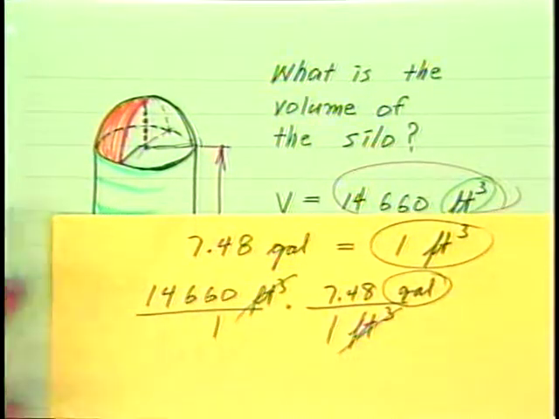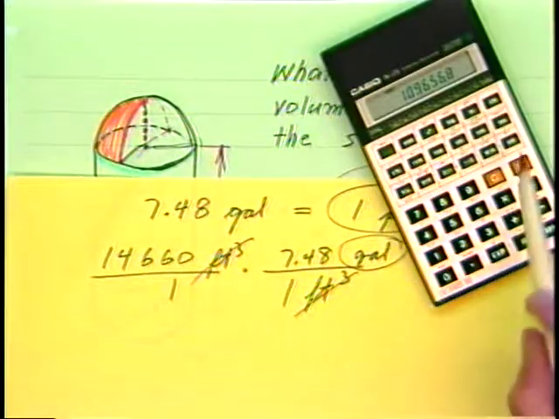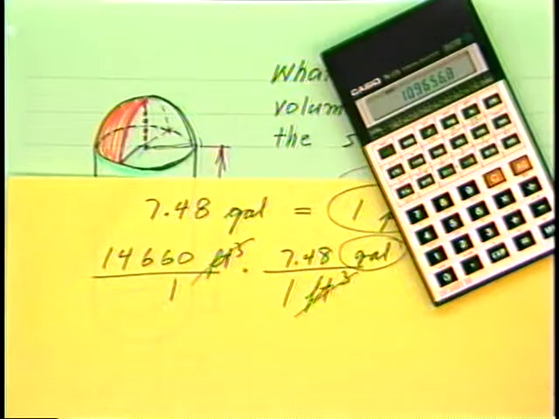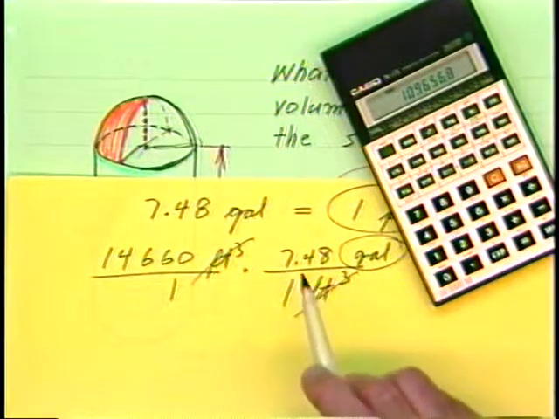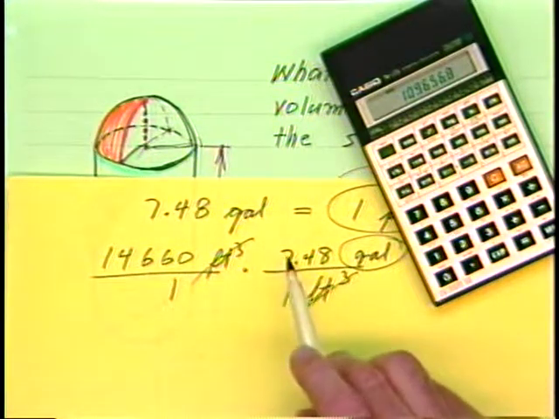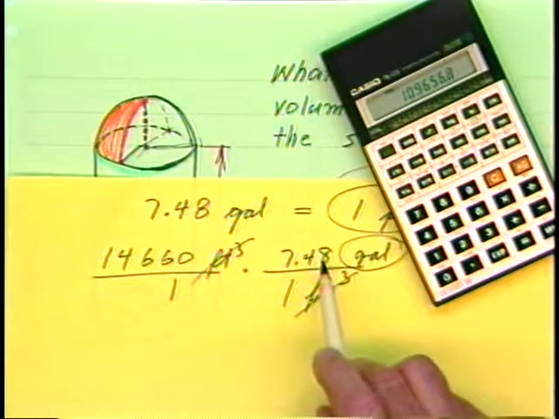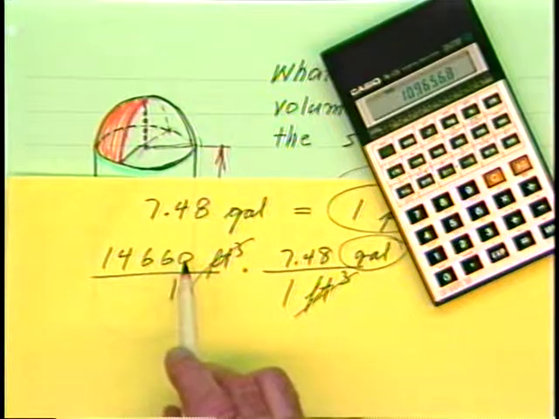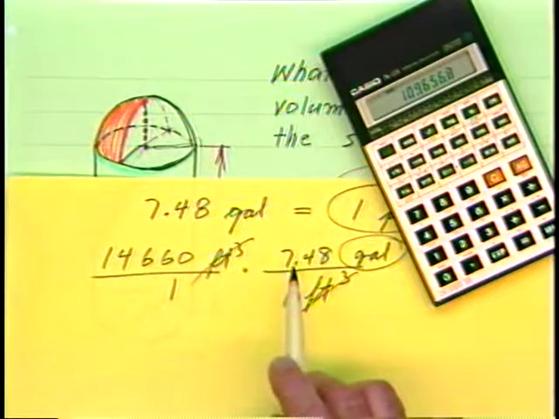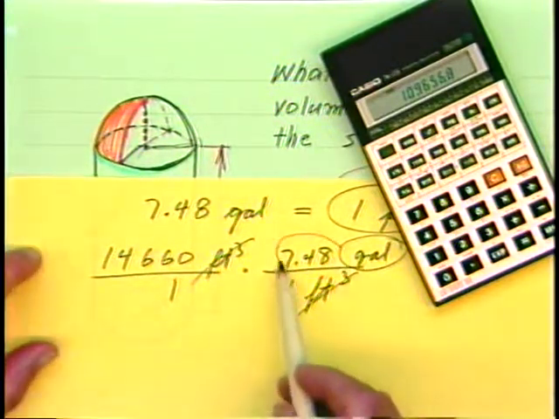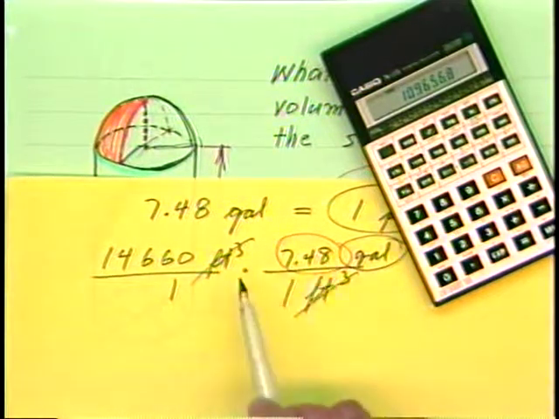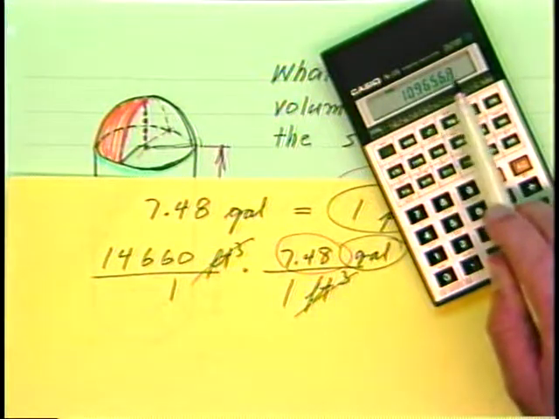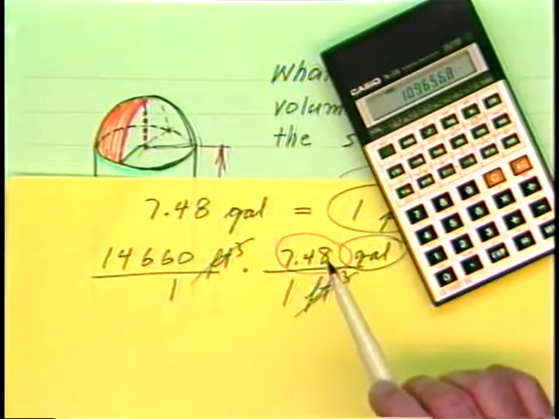So doing that, I would get about 109,000 gallons. However, note this. This was only approximated to 3 digits of accuracy. So even though this one has more digits of accuracy, my final answer is really no more reliable than my least reliable single multiplier. So this answer really is not reliable except for the first 3 digits.